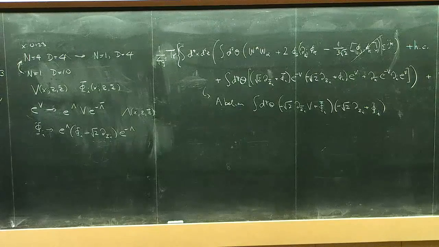So over here we have on the D3 and the D3 prime a vector multiplet and another vector multiplet, and I'm going to call these Q1, Q2, Q3, and S1, S2, S3. But again, I want to keep track of the dimensional reductions here.